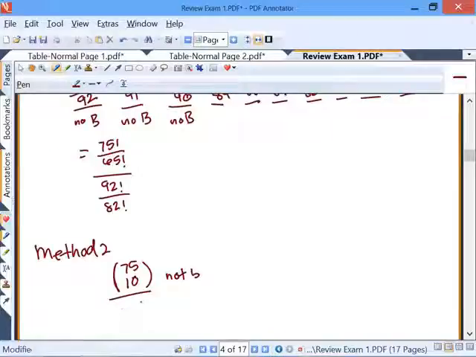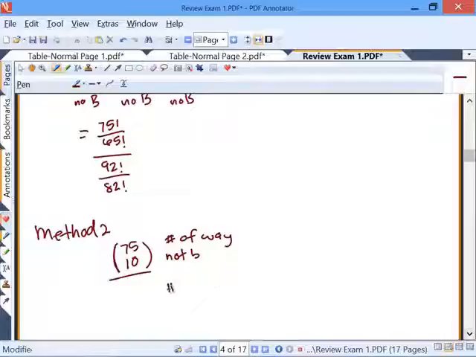That's just the number of ways to get not B, but you need to divide that by the total number of samples. For the total number of samples, there were 92 total fibers, and I was choosing 10 of them.